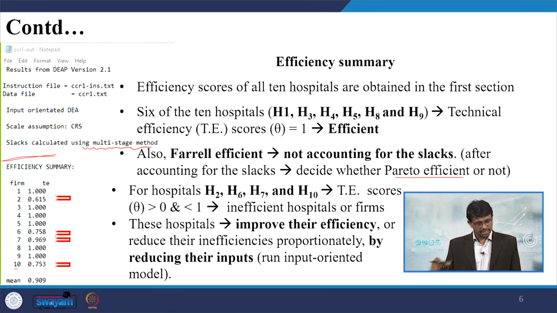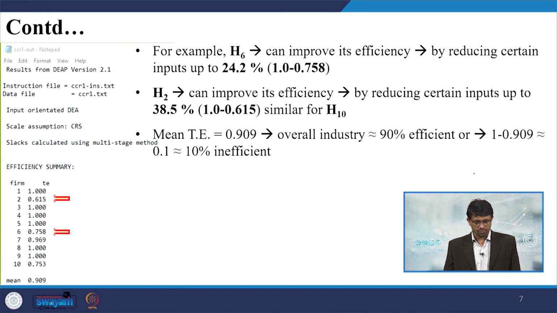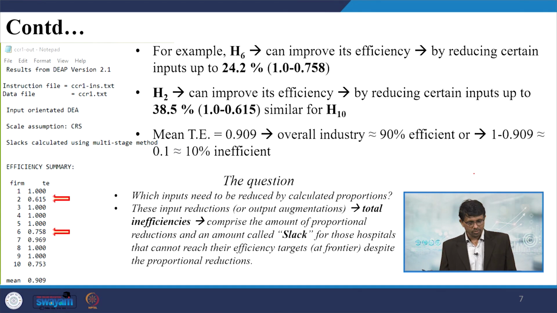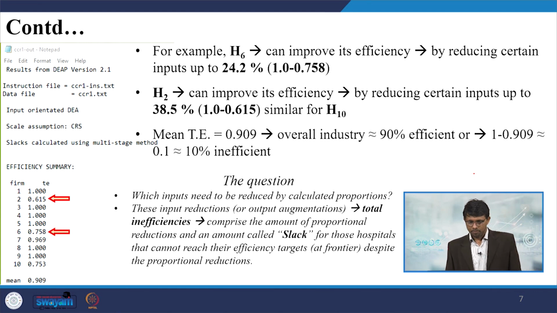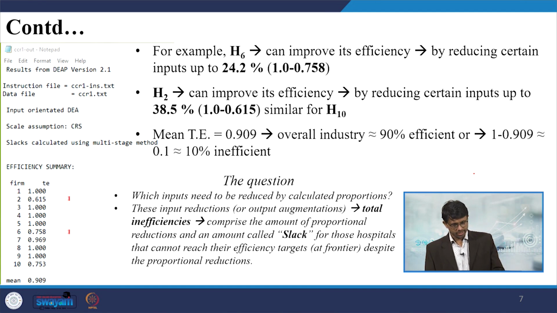So, it is still cutting short of 1 for firm 2 and firm 6. Let us stick to, at this moment, explaining 6. So, for the 6 case, the difference is 1, the optimum score, minus 0.758. So, this is precisely 24.2%.